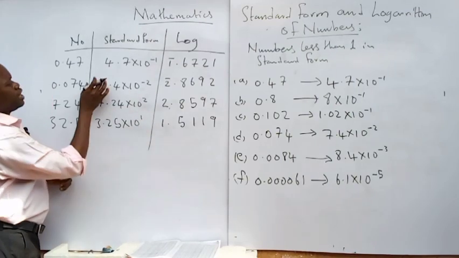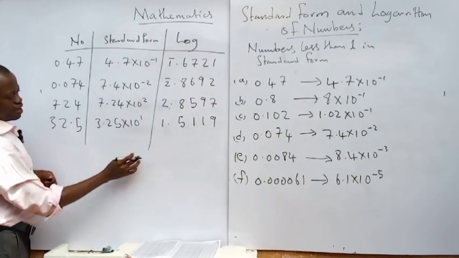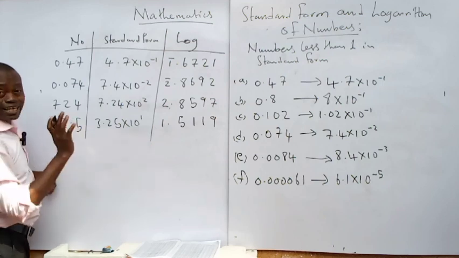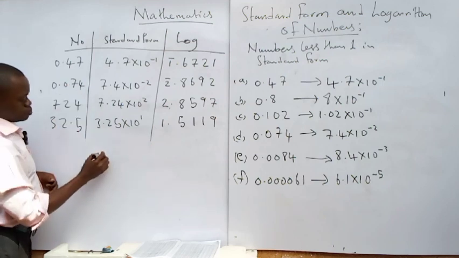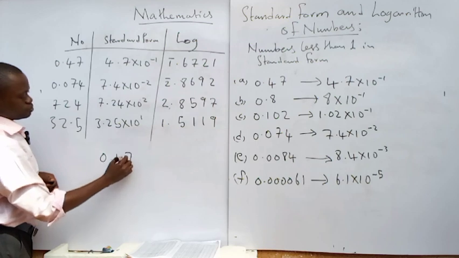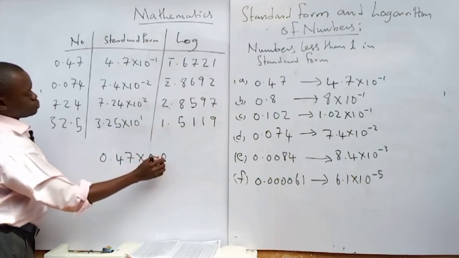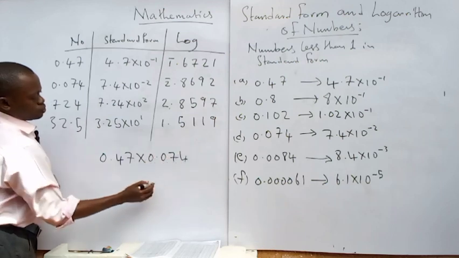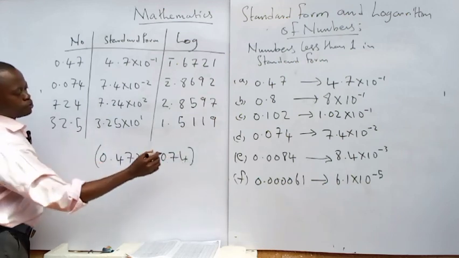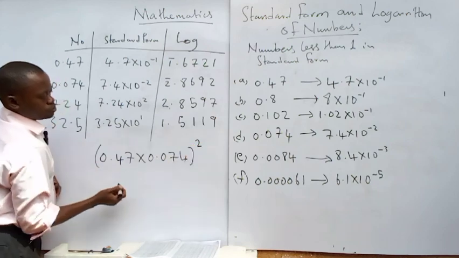Especially like if I gave you to simplify without a calculator 0.47 times 0.074, and possibly raise this to power 2.